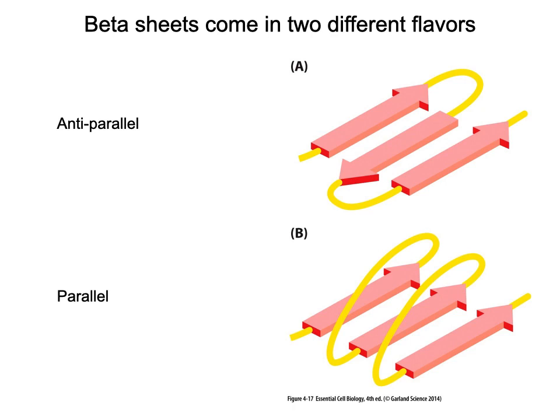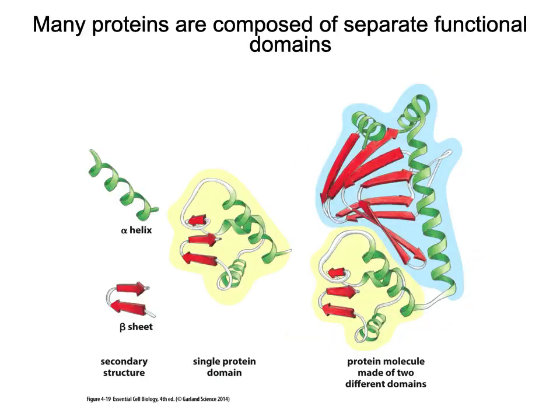In order to have a parallel beta sheet, you need to have a long turn, right? So the turn for an anti-parallel beta sheet may be only several amino acids long, whereas for a parallel beta sheet, this would have to be significantly longer than with anti-parallel.